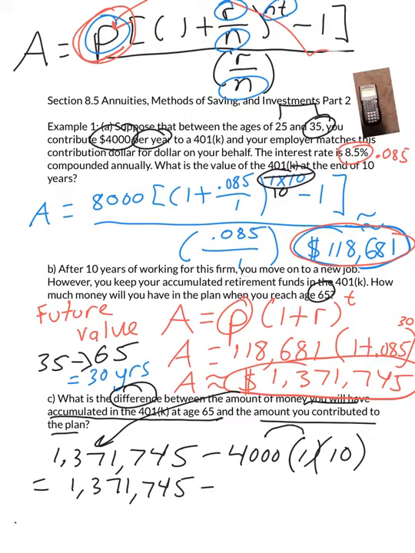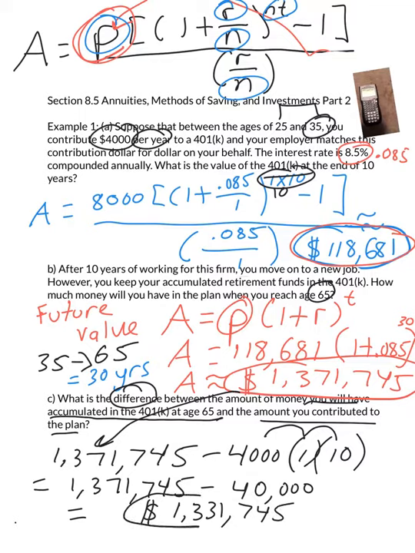So 4,000 times 1 times 10 is going to, of course, give me 40,000. And now we just subtract. You can do it either in your head or on the calculator. But you should be getting, for the final answer to part C, $1,331,745.